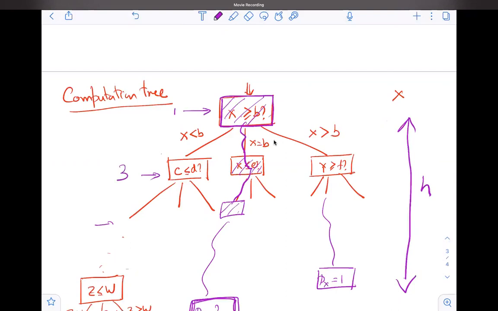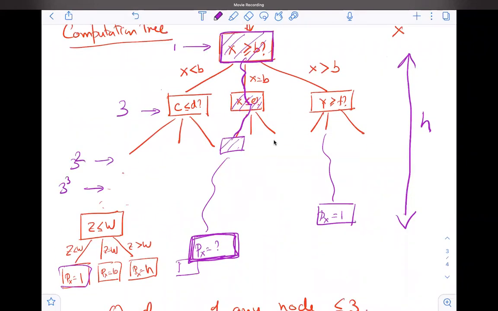In the next layer, maximum, how many nodes can there be? Nine, which is 3 squared. The next is 3 cube. So at the hth level, the maximum number of nodes that can be there is 3 to the power h.